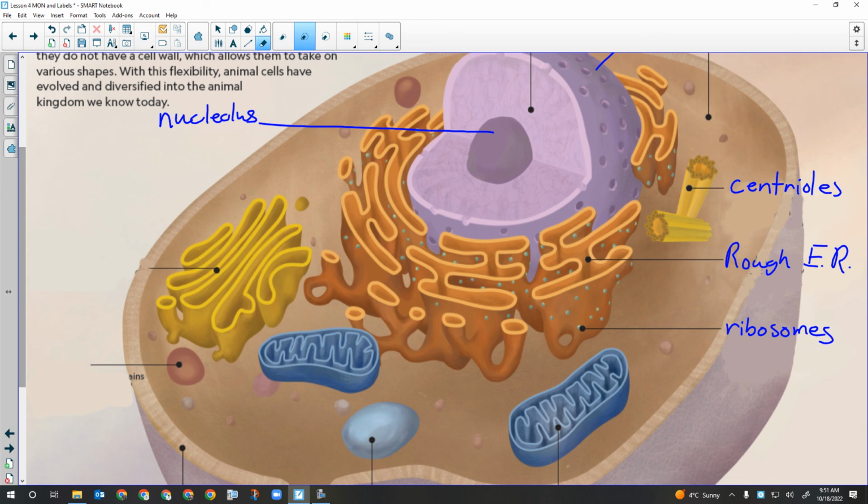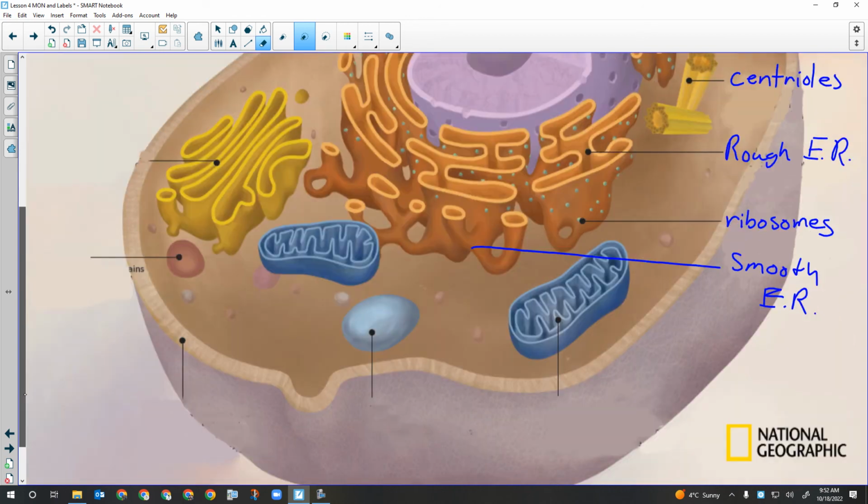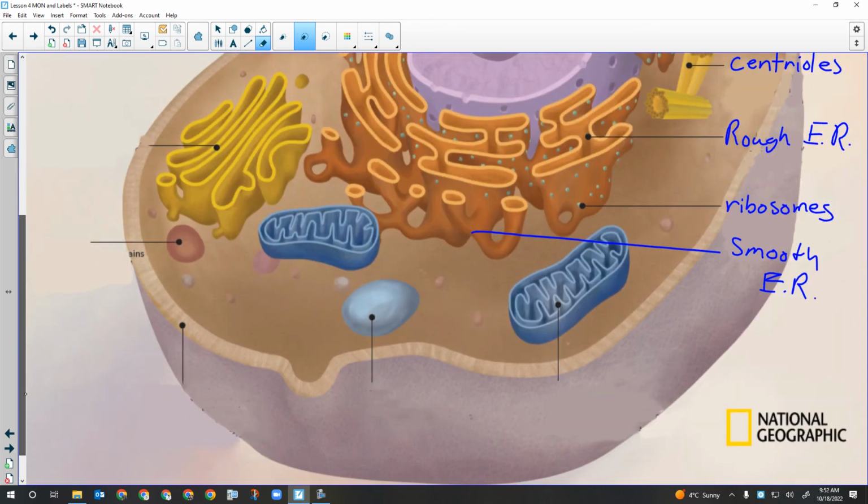Smooth ER is not labeled on here, that's not good. So we're going to draw a line across here and go smooth. Okay, what's the blue thing? That's the mitochondria.